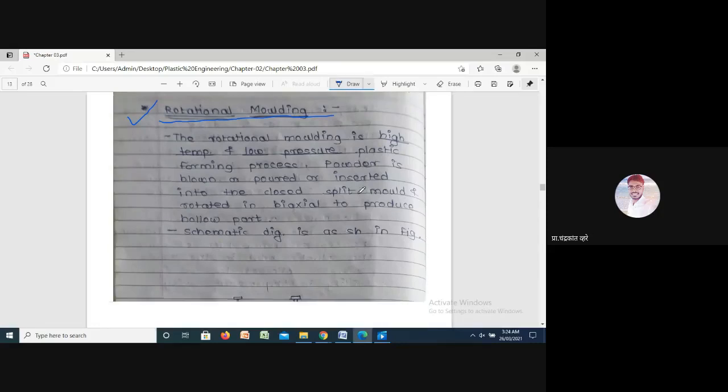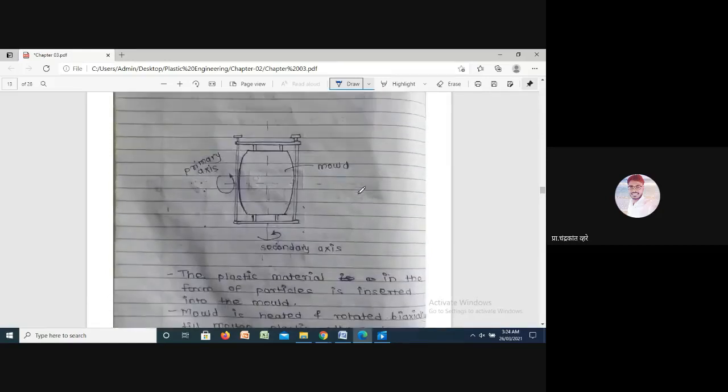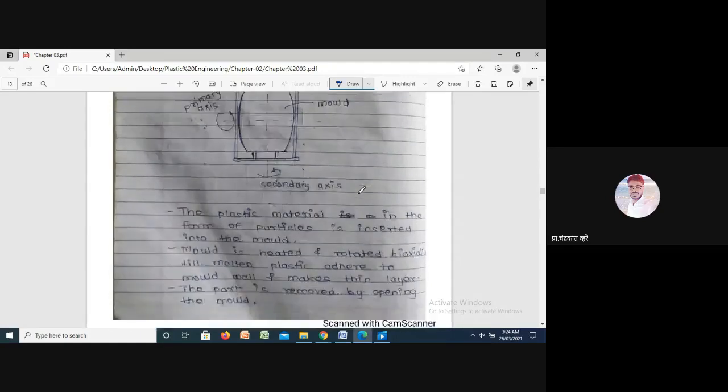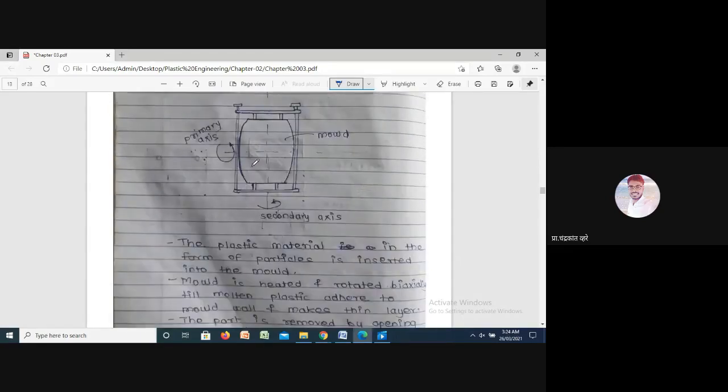Okay, so go for the diagram. Draw this diagram. Draw this diagram fast. Complete it fast, so we'll go for the next point.